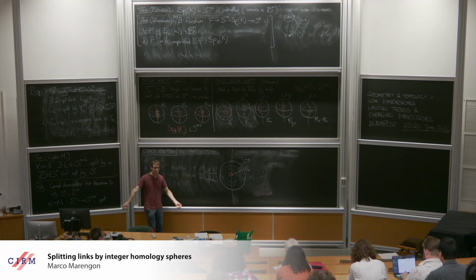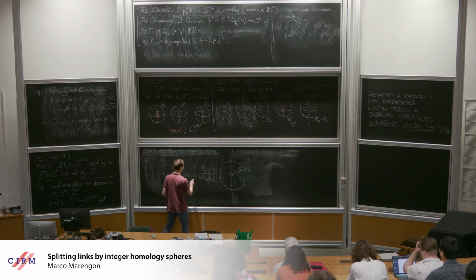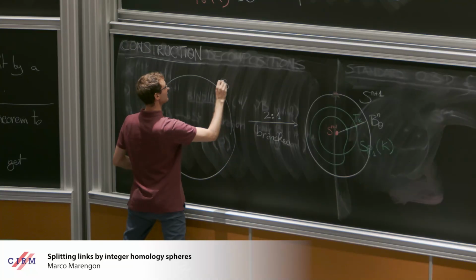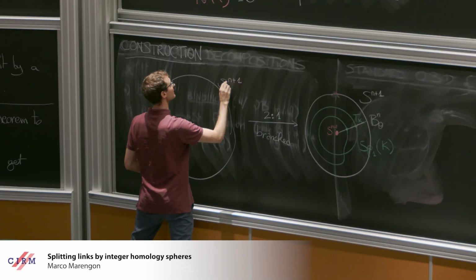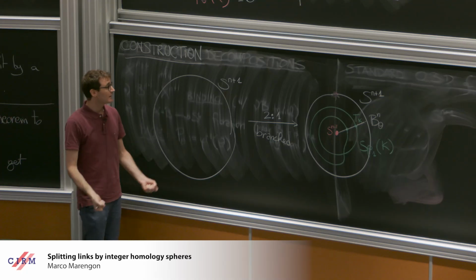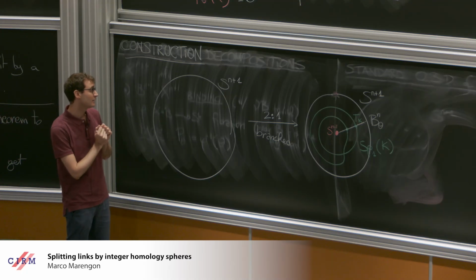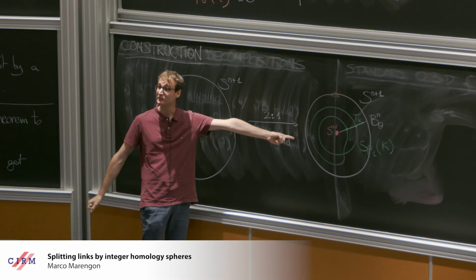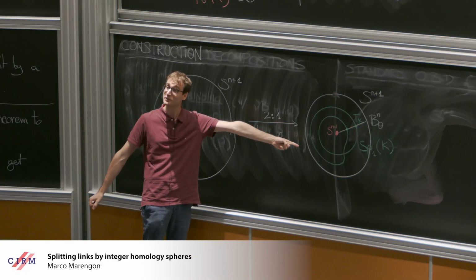If you take the double branched cover over the unknot, you get again S^{n+1}. So I get the same manifold, S^{n+1}. But what is interesting is that I actually get an interesting open book decomposition on it by pulling back the open book decomposition that I have on the right.